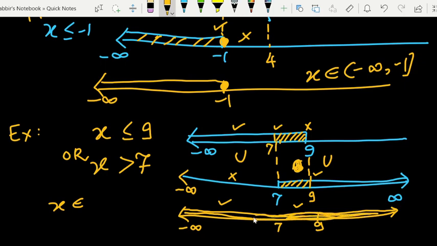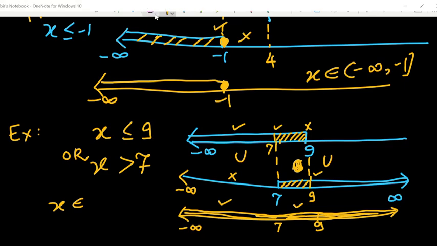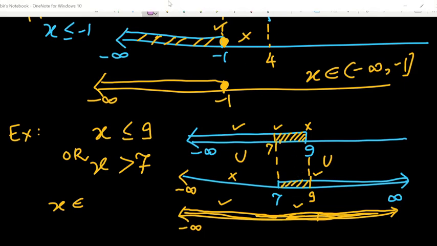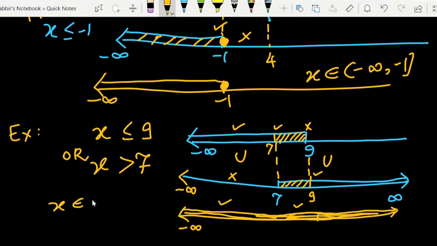What I mean to say is x belongs to minus infinity to plus infinity, that would be the solution. Equivalently, x belongs to R, the set of all real numbers, can also be written. Both are the same, guys.